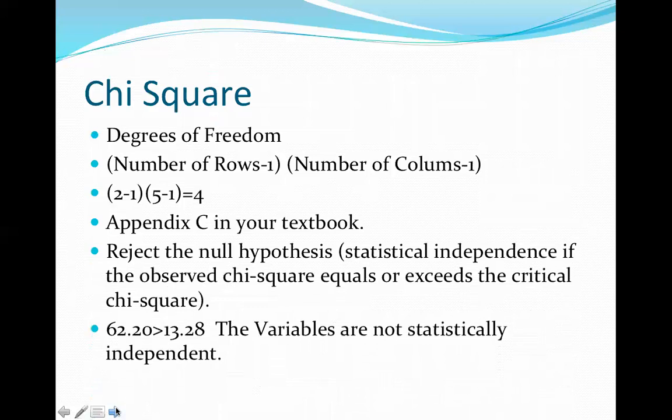So mine is way above that. Looking at this chart, I can see that I could be 99.9% confident that the variables are not statistically independent. So I can definitely reject my null hypothesis in this example.